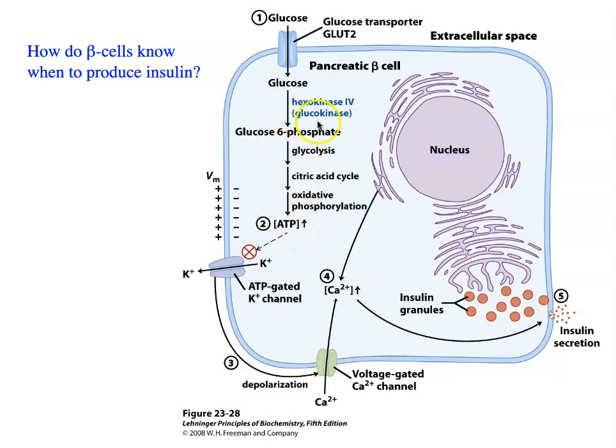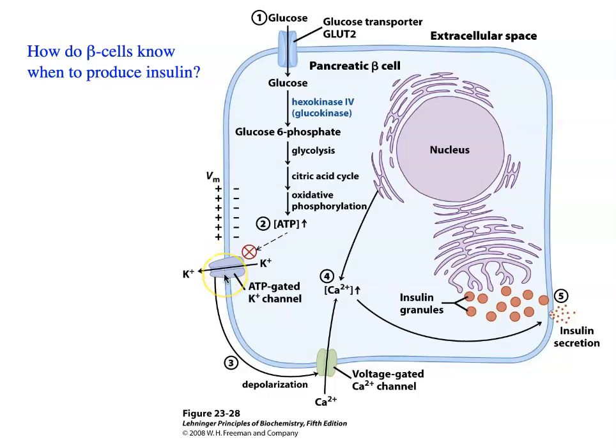If we have a lot of glucose in the cell, we'll generate plenty of ATP, and a high concentration of ATP will be reached. When the concentration of ATP reaches above a certain threshold, that concentration then shuts down or closes an ATP-gated potassium channel.